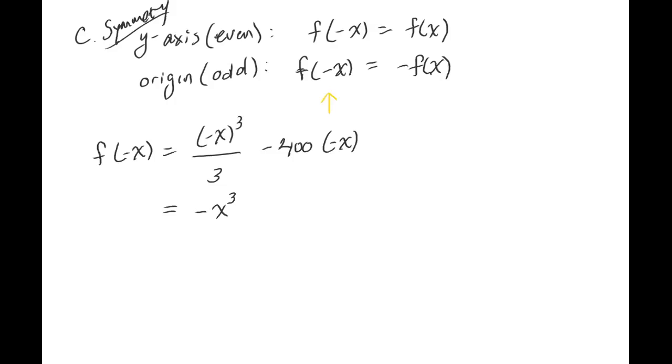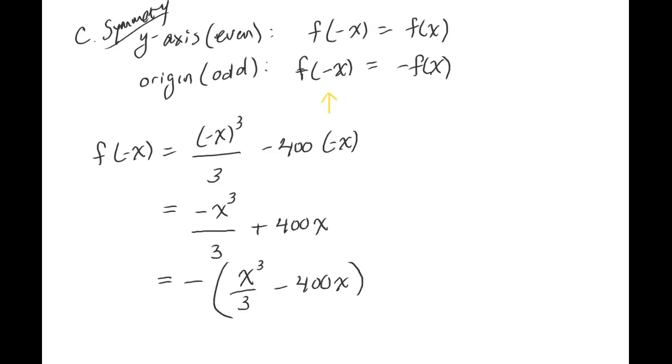So negative x cubed divided by 3 minus 400 times negative x becomes plus 400x. And I might observe that if I factor out a negative, I get negative x cubed over 3 minus 400x. Well, this part here happens to be f of x.